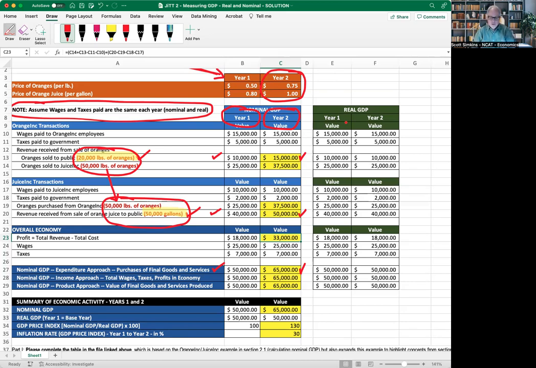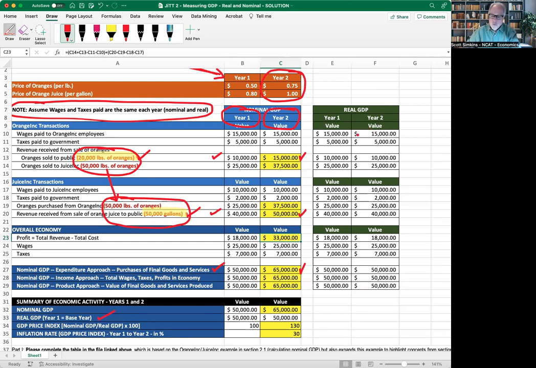Real GDP is the value of all final goods and services, not intermediate goods, final goods and services produced in the economy in a year, but this time measured in base year prices. So we have to indicate which year is the base year, and we're assuming the base year is year 1. We talk about that down here in the blue.